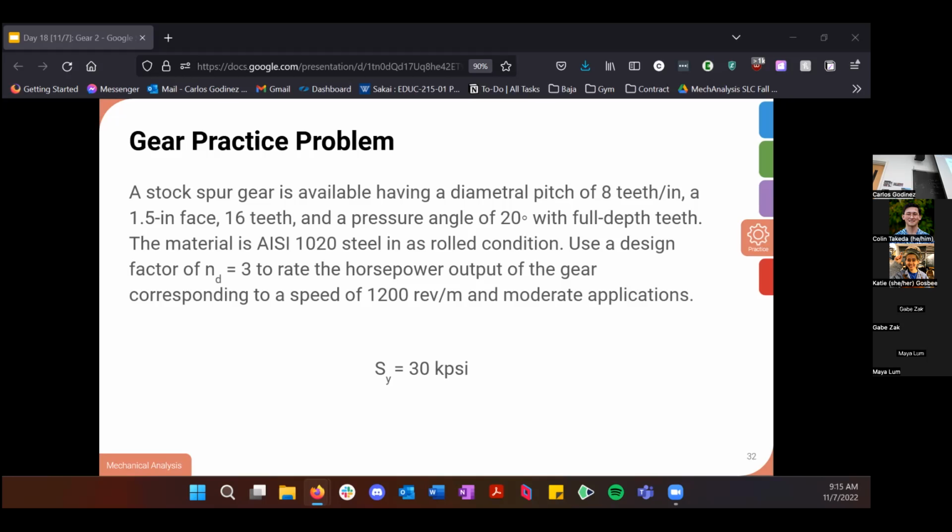The circular pitch is like the circumference of where you are at the mid-tooth. Okay, so you have this and this.